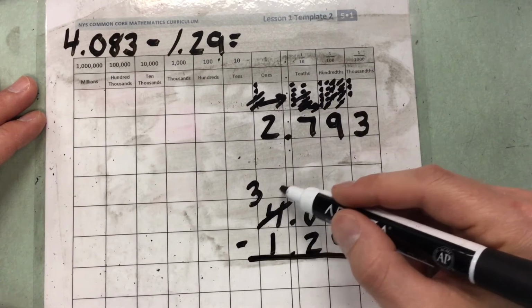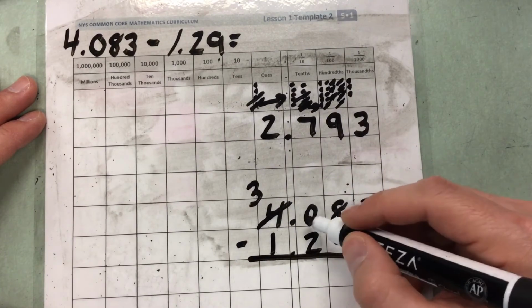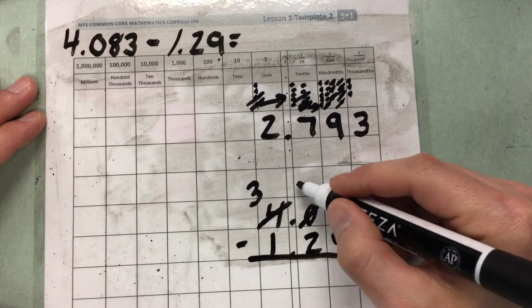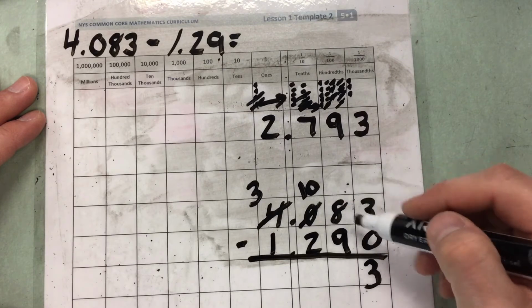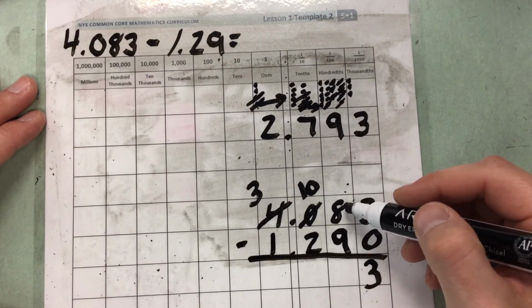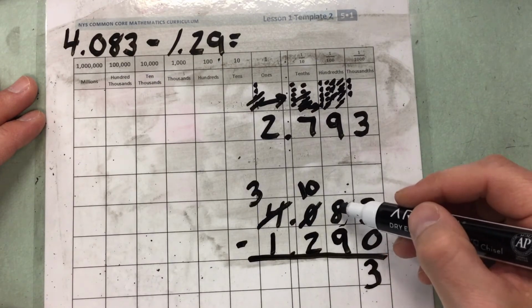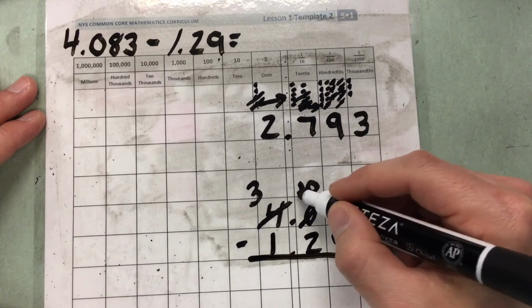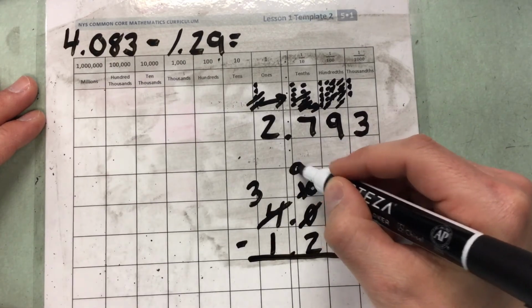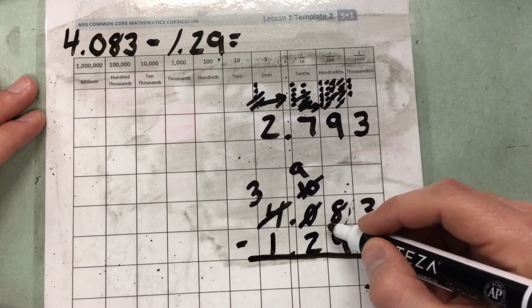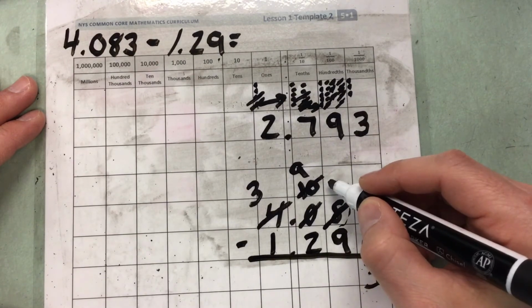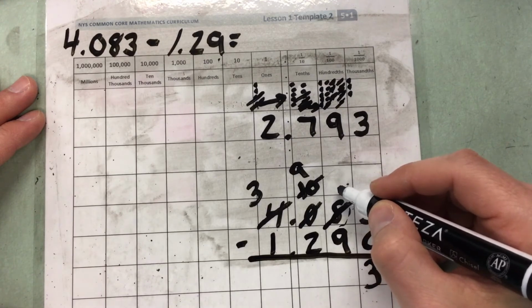When I take away this 1 one and bring it over here to tenths, that's going to become 10 tenths. Now, I have enough to borrow, so I still need to borrow from my tenths column. So when I come over to borrow, that's going to change it to 9 tenths. And when these tenths come over, that 1 tenth is going to become 10 hundredths.